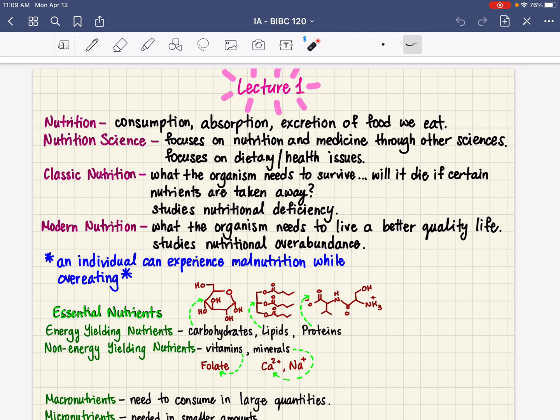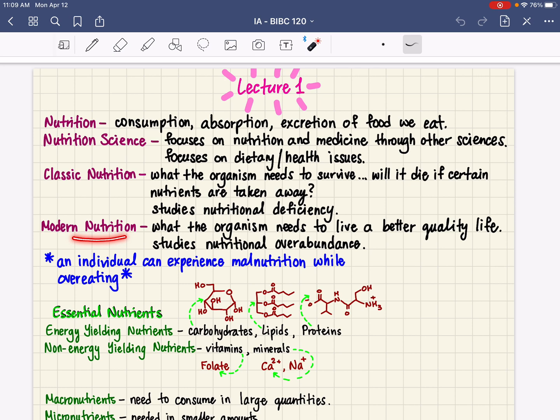Now, there are two types of nutrition that scientists and medical providers can look at. Classic nutrition describes the things that an organism needs to survive, right? These are the essential nutrients that one needs to live. If we take away certain nutrients, will this individual die? If the answer is yes, then we're talking about classical nutrition.